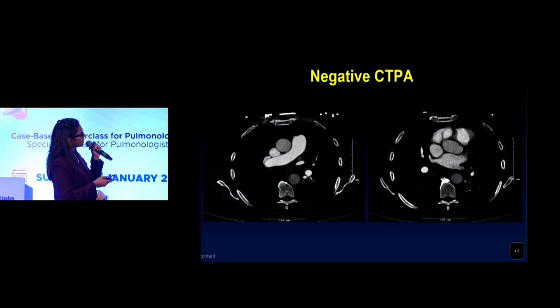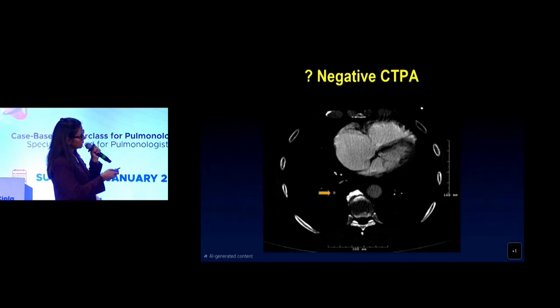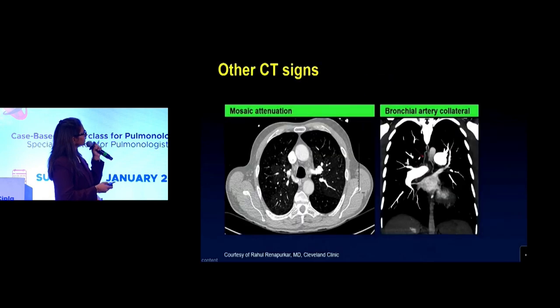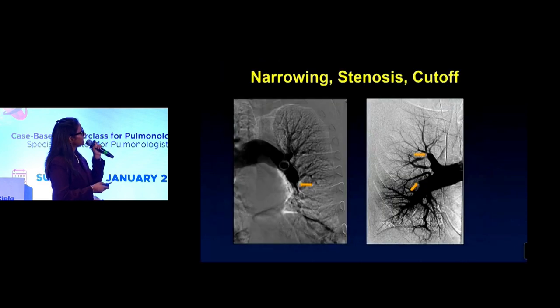This CT was reported normal, but on scrutinizing further, we found a chronic web, which is pointed by the orange arrow. This is again a VQ lung scintigraphy showing a mismatched perfusion defect. Additional signs like mosaic attenuation and bronchial artery collaterals, which we can look for. This is a PA-gram showing pulmonary artery narrowing. We have the stenosis there on the right side and the abrupt vessel cutoff.